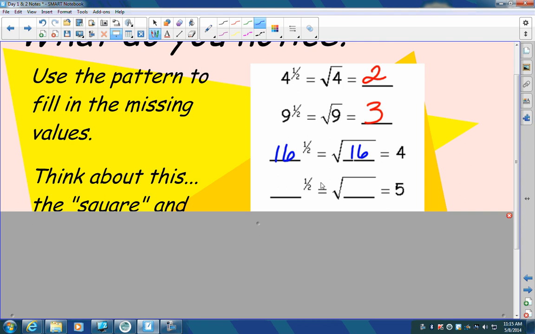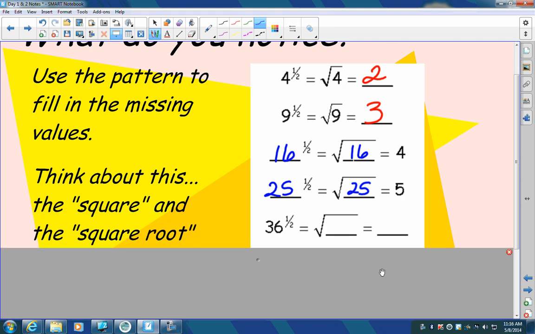This one here would be 25. If they didn't write it with a square root sign, it would be 25 to the 1/2, and that's why it gives you 5. Again, here, 36 to the 1/2 is the square root of 36, which is 6.